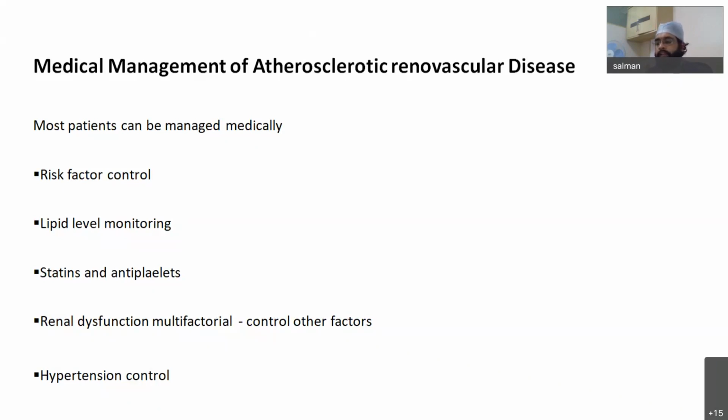Other first line agents which are used for BP control are thiazide diuretics, calcium channel blockers, and beta blockers. Even after this, if the BP is not controlled, second line agents like hydralazine and clonidine can be used.